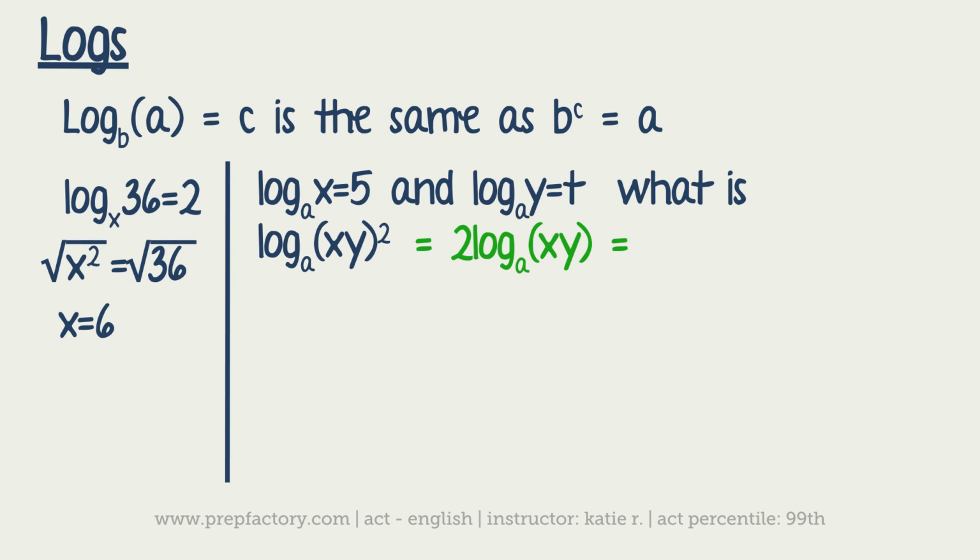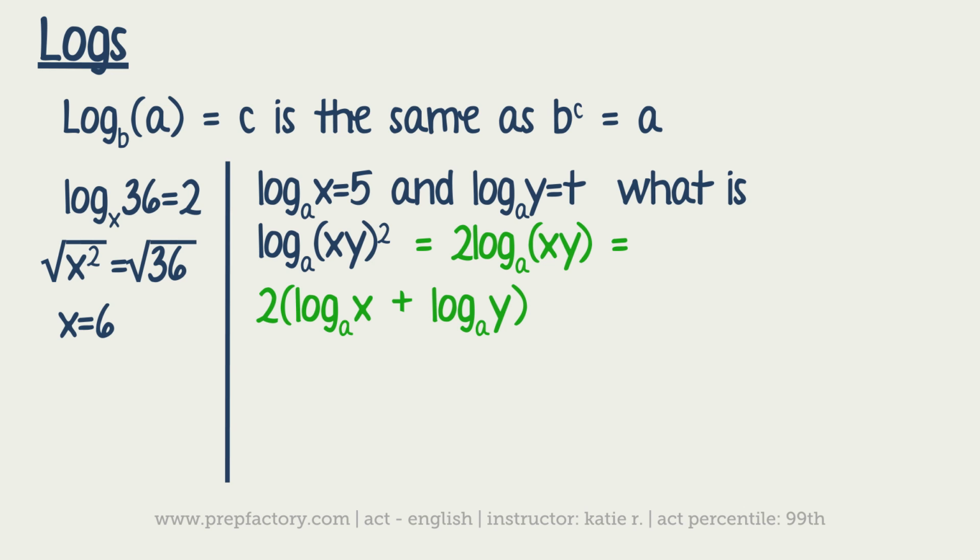The other thing to know is that when you have a log of two numbers multiplied together, you can separate them out. So keep your 2, put a parentheses in there, and then you're looking for the log of x, and then you can add the same log of y.